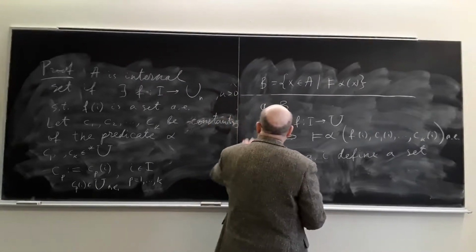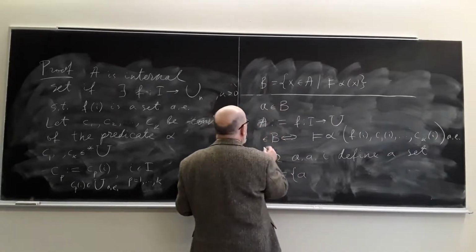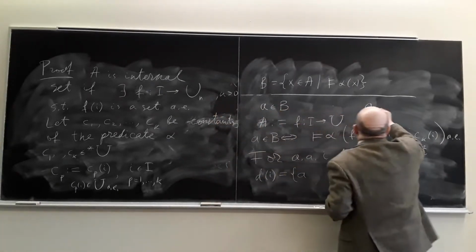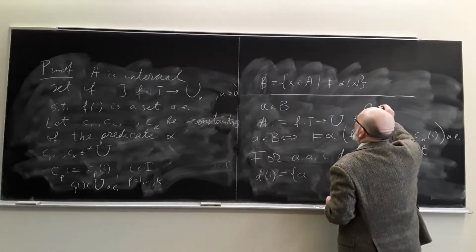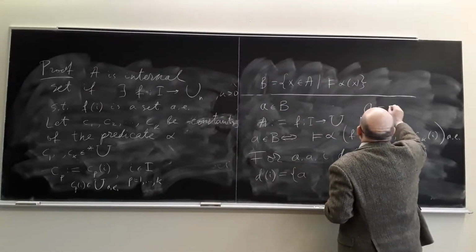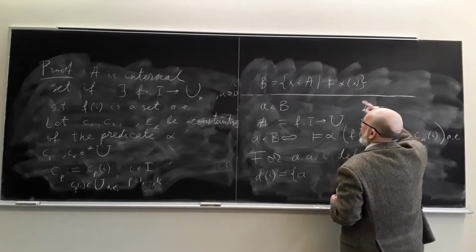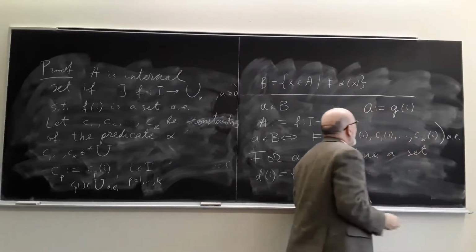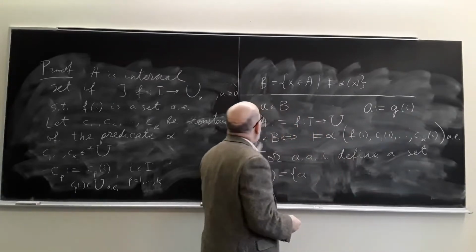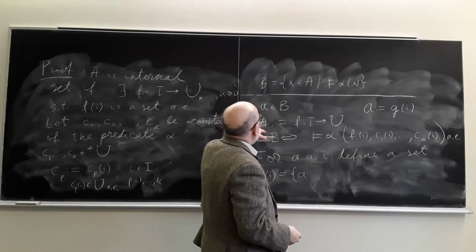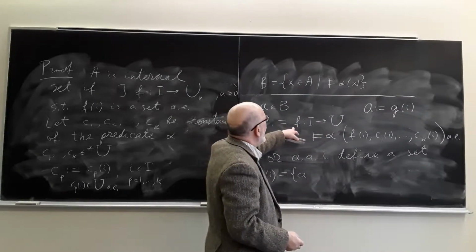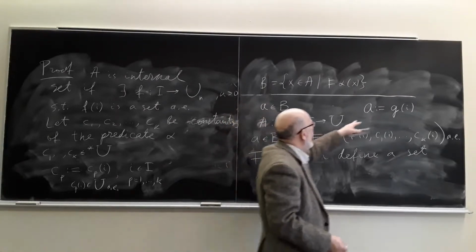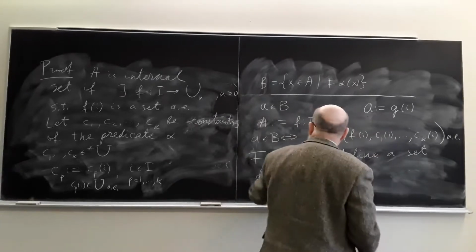And A small is the function g of I. So A capital is realized by the function f of I, and A small by the function g of I.